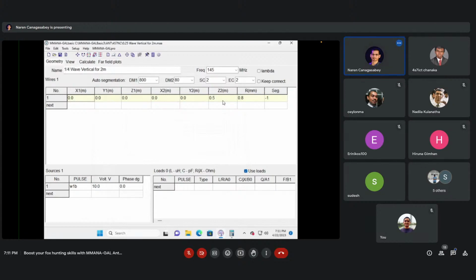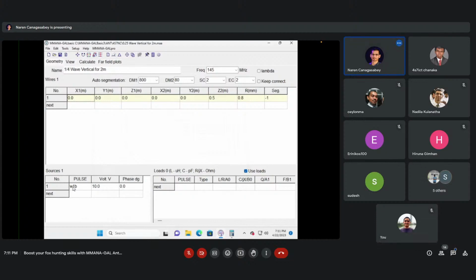So that's how you get the measurement here. So it's 0.5, and I've assumed the radius of the element of 0.8 millimeters. And here you can see the source W1B.